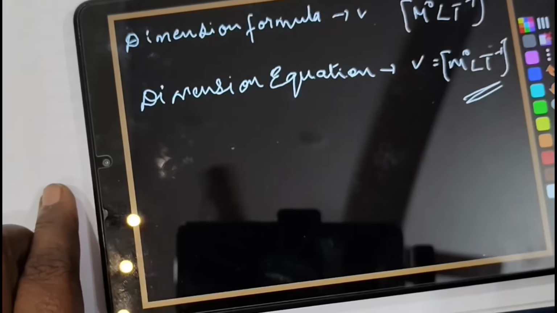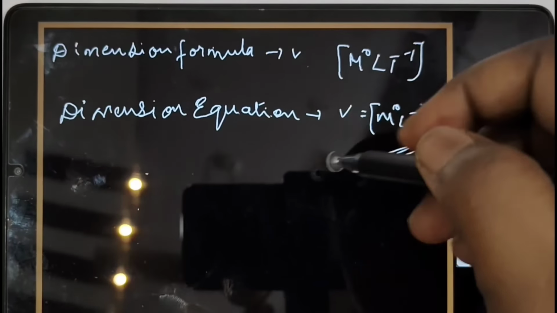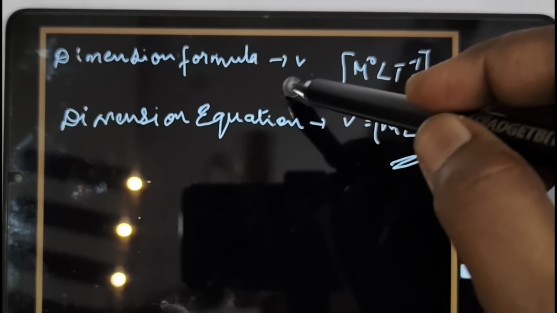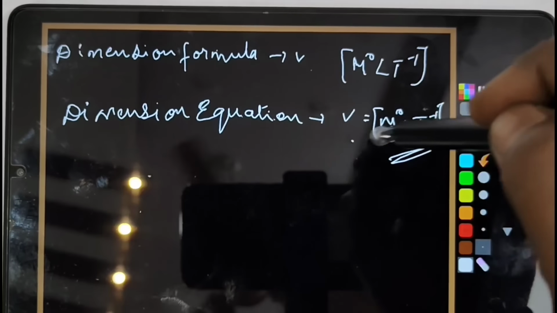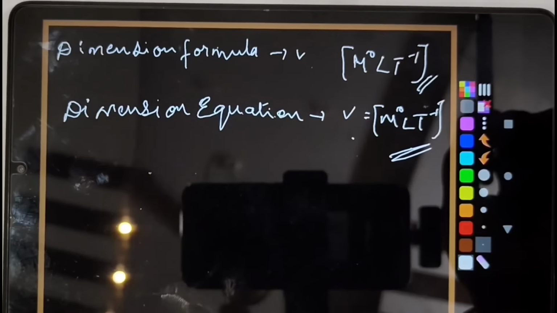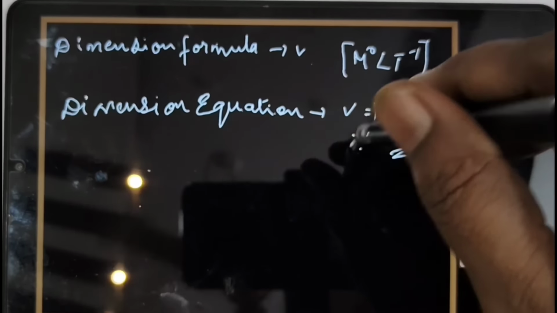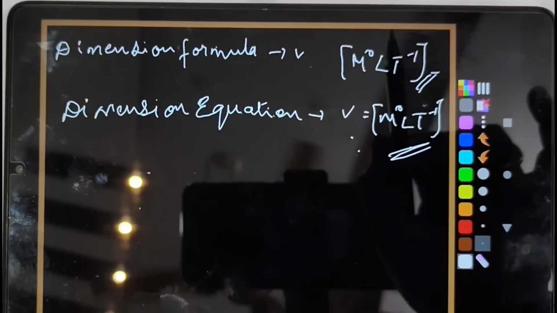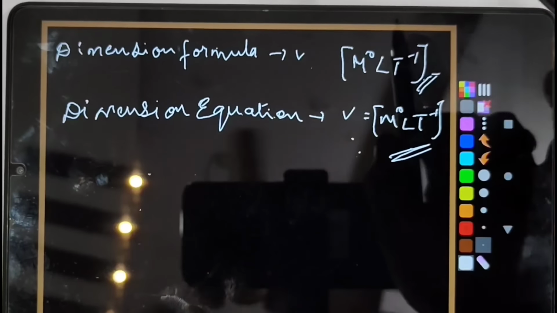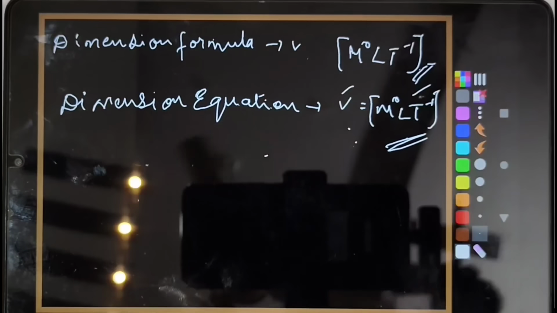So this is the equation. So I hope you have understood the difference between a dimensional formula and the dimensional equation. For the formula, you just write the formula of the velocity, then remove the dimensions of it, and for the equation you have to write the LHS as well as the RHS.